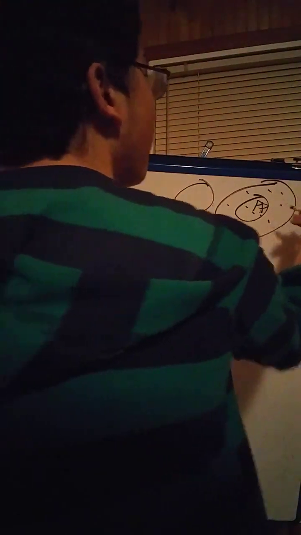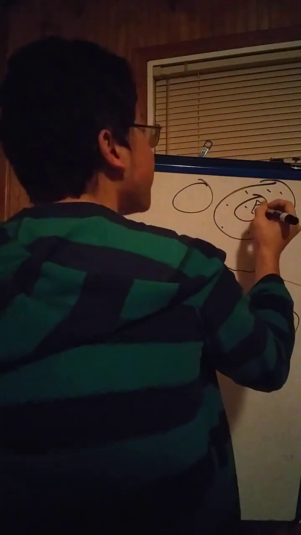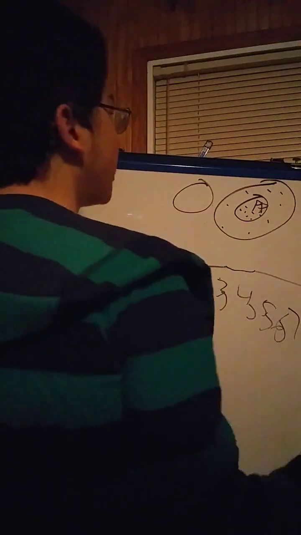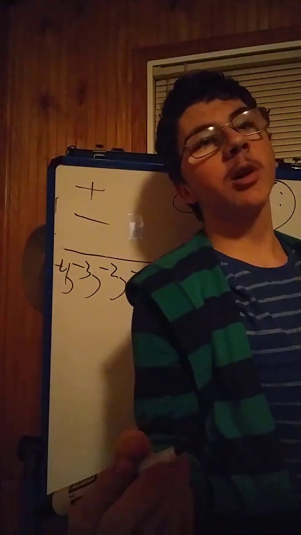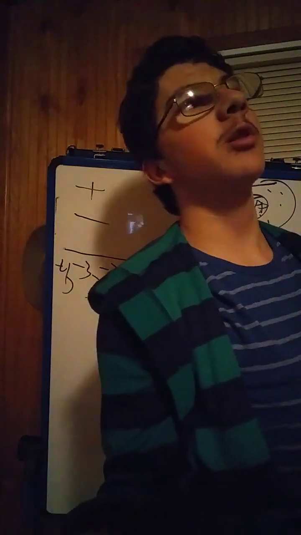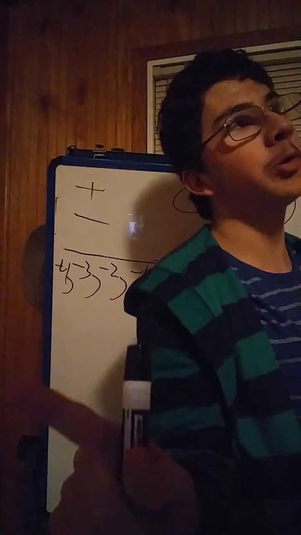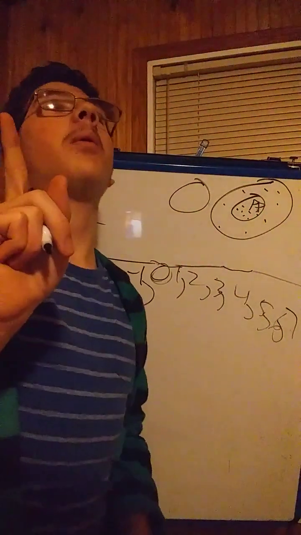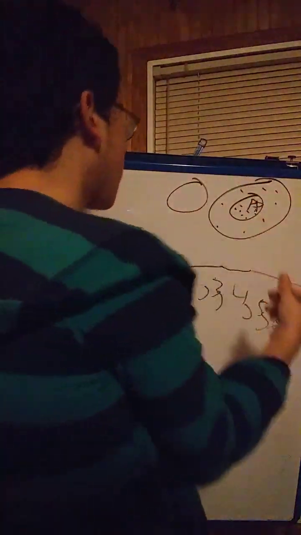Protons would be positive, electrons would be negative. Then, to take up space, you have the neutrons in the nucleus. If protons have a positive charge and electrons have a negative charge, what do you think the neutrons have? What does that word sound like? Neutral. Neutral means they have no charge.